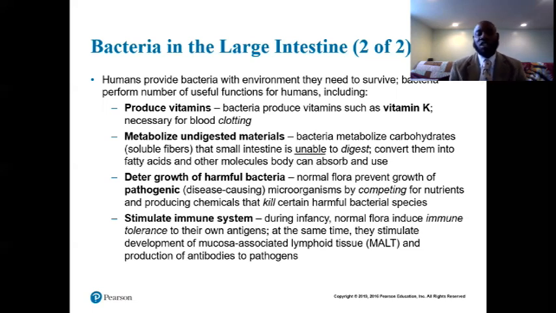And then they can also stimulate the immune system, right? So during infancy, the normal flora induce immune tolerance to their own antigens. At the same time, they stimulate development of MALT, mucosa-associated lymphoid tissue, and production of antibodies to pathogens, right? So they're there for a purpose, and they live inside of us, and that's how we exist.